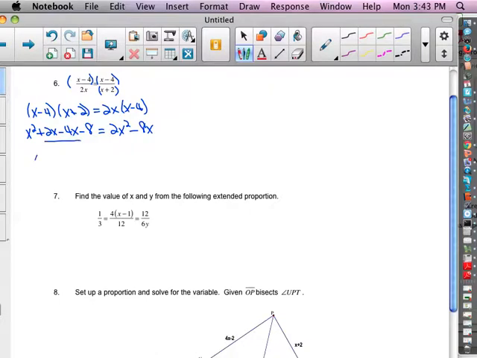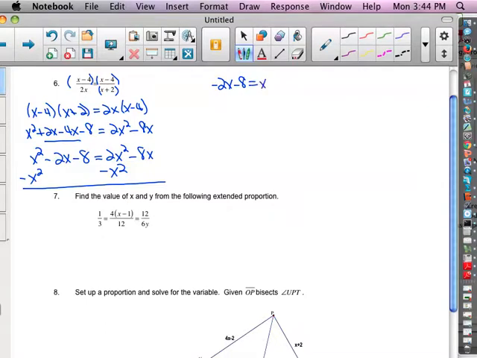Combine like terms, you have x squared minus 2x minus 8 equals 2x squared minus 8x. Now, because I like my leading coefficient to be positive, I'm going to subtract the x squareds from both sides. That's going to give me minus 2x minus 8 equals x squared minus 8x.